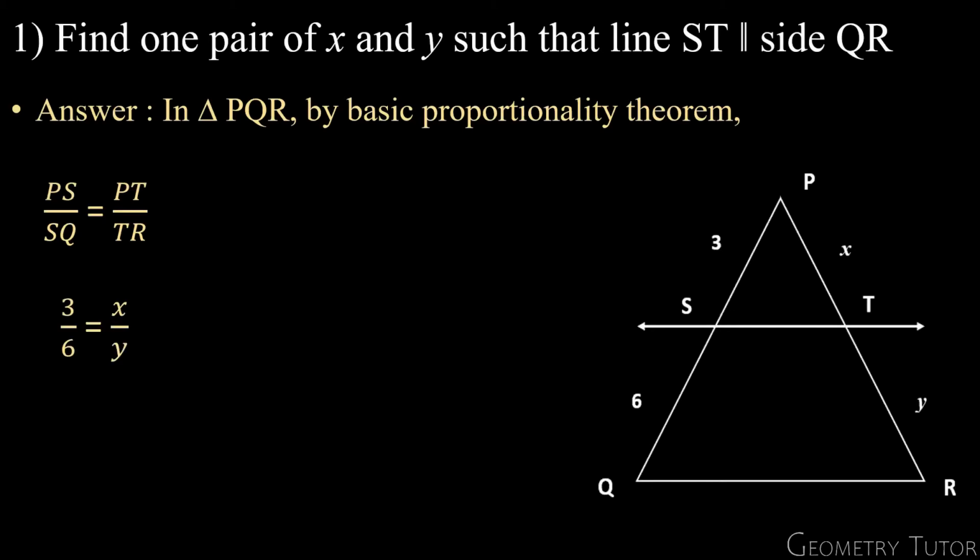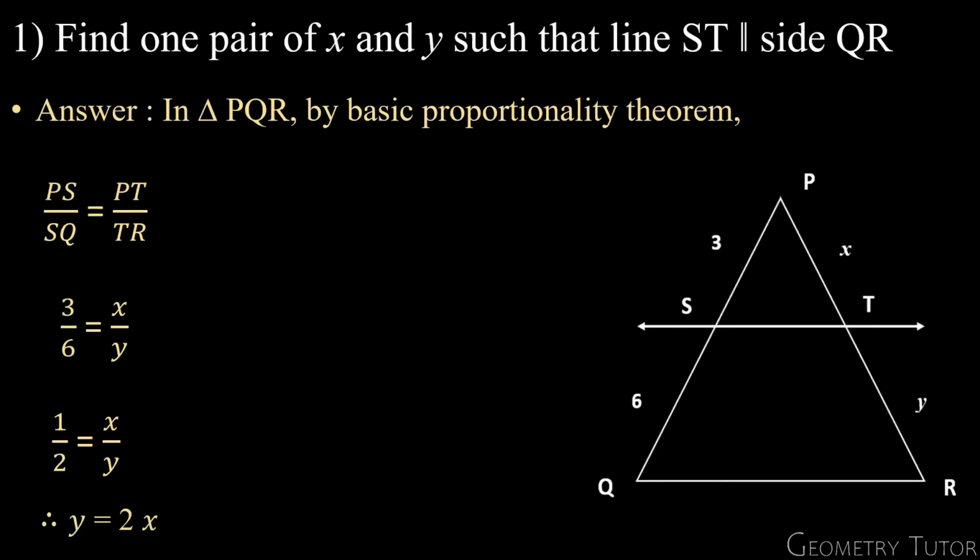So value of PS is 3, value of SQ is 6, value of PT is X, and value of TR is Y. Now by solving this, we get 1/2 is equal to X upon Y. Therefore, Y is equal to 2X.